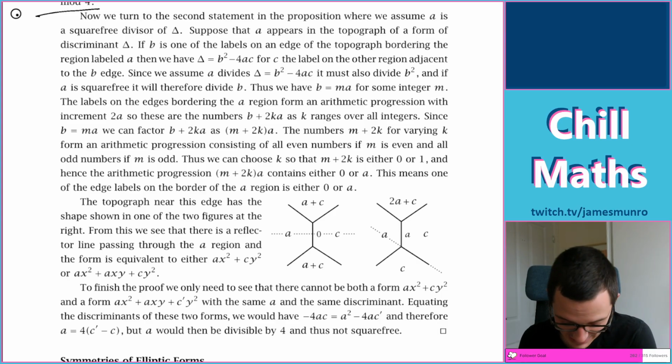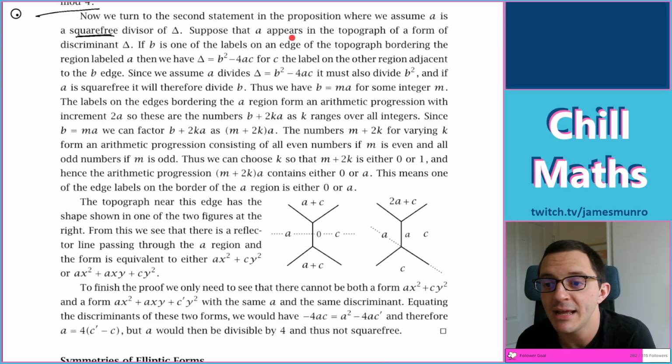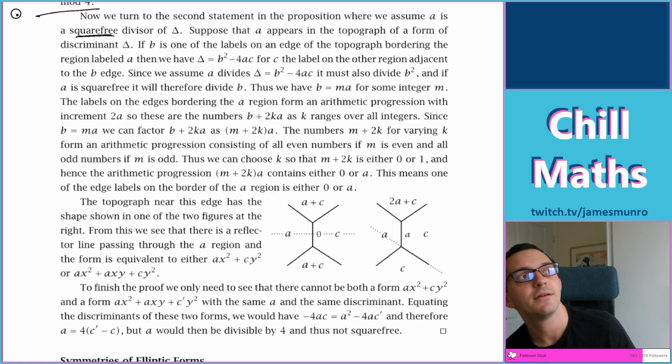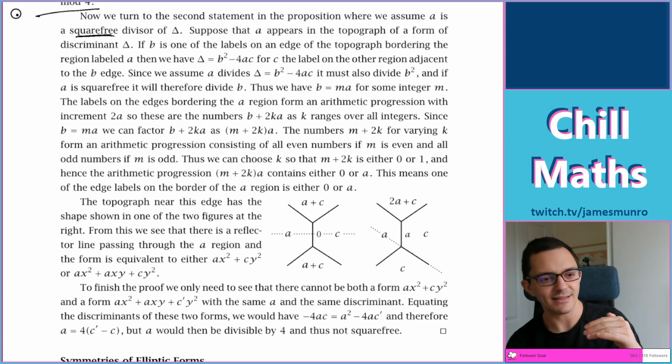Right, so we're assuming that A is a square free divisor of delta. Let's see if I can remember that. Suppose that A appears in the topograph of a form of discriminant delta. Our aim is to show that it appears only once and only appears on the reflector line.